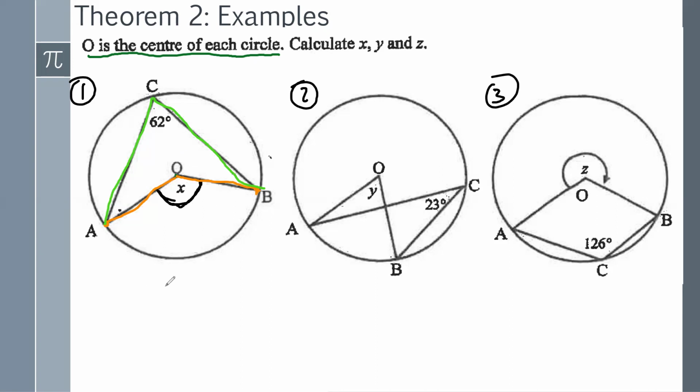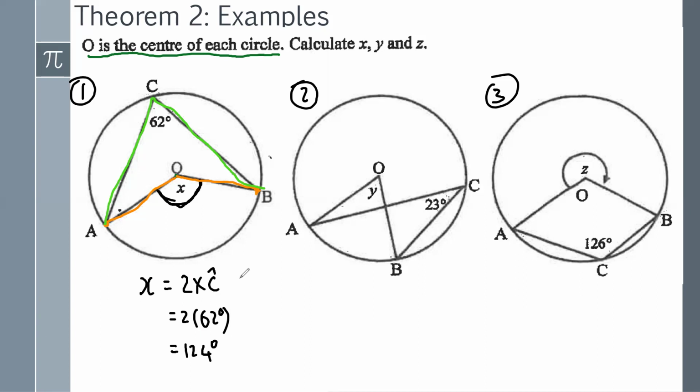The theorem says if you want to find the angle at the center, it is twice the angle at the circumference. In this case, the angle at the circumference is given. It is 62 degrees. So all you have to do is some simple mathematics: double that number, and that is obviously 124 degrees. Of course, you're not just going to write stuff.